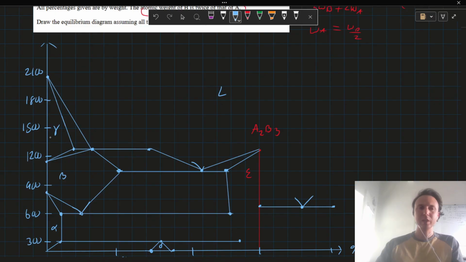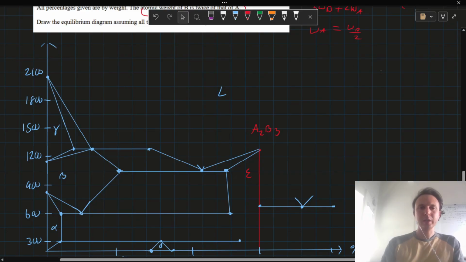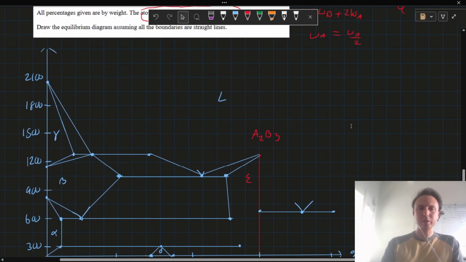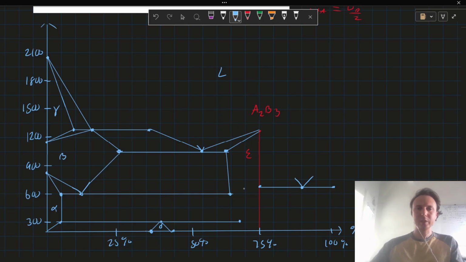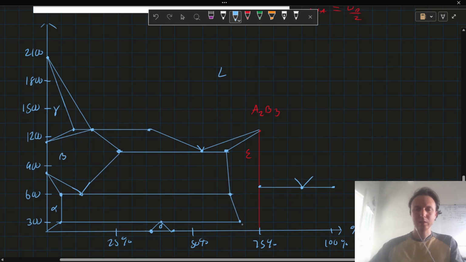So we have a phase and then an interphase region, a phase and interphase region. Okay, I think there's still a little bit left to go. All right. Let's do the ones on the far right side, and also I can fill in this here.